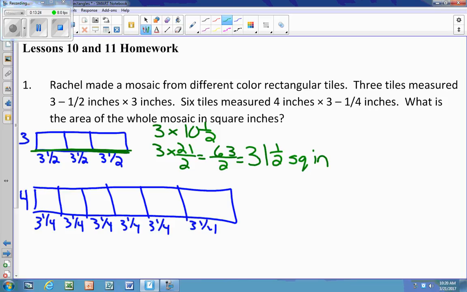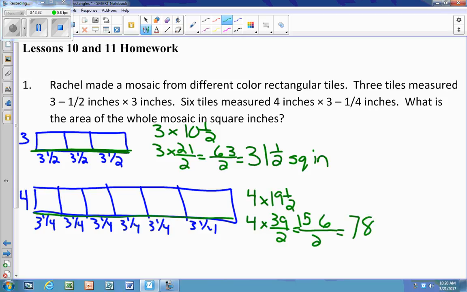Now over here, we want to add all this up. And we end up with 19 1/2. So we're going to do 4 times 19 1/2, which would be the same as 4 times 39/2. And when we do that, we end up with 78 square inches.